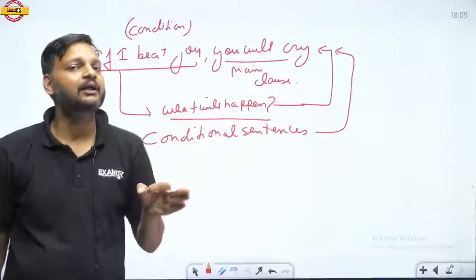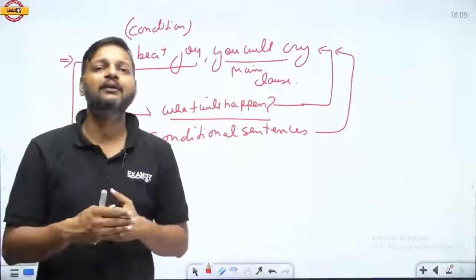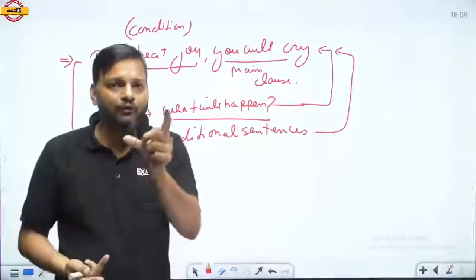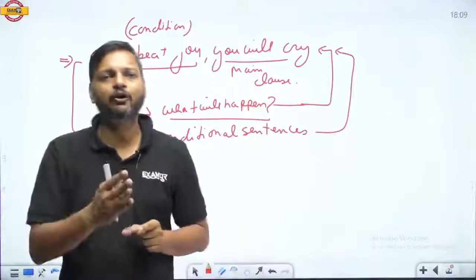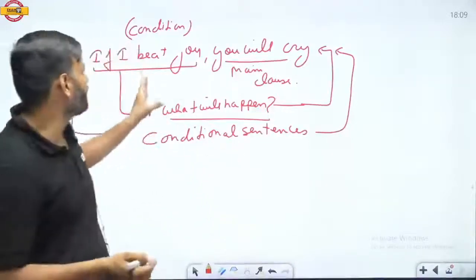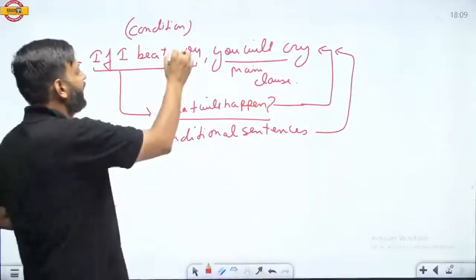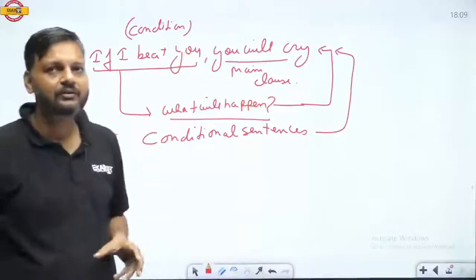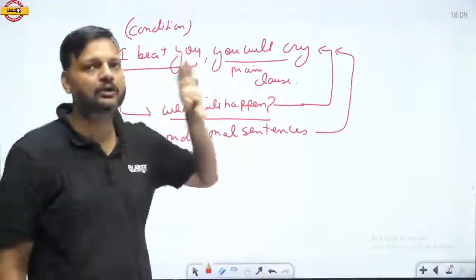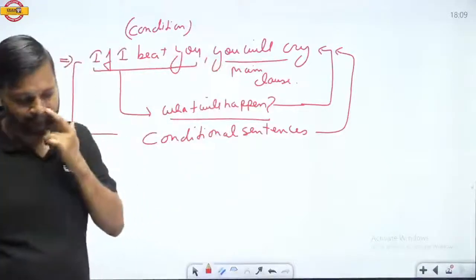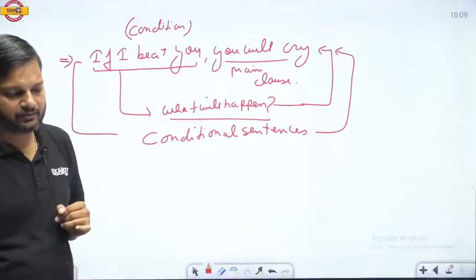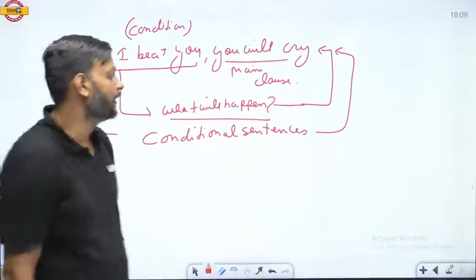So this is the condition. Now the question is, what will happen if I beat you? You will cry. So if I beat you is the condition, and you will cry is the result. If clause plus main clause together are called a conditional sentence.